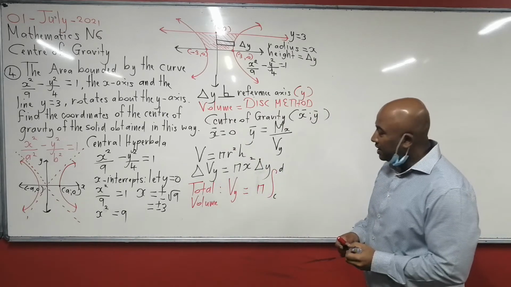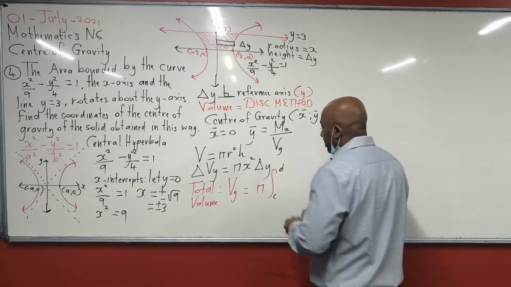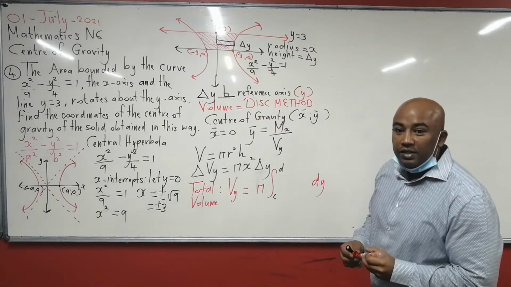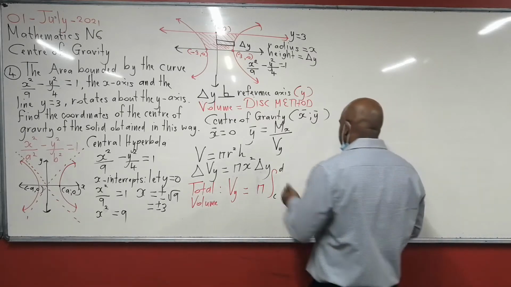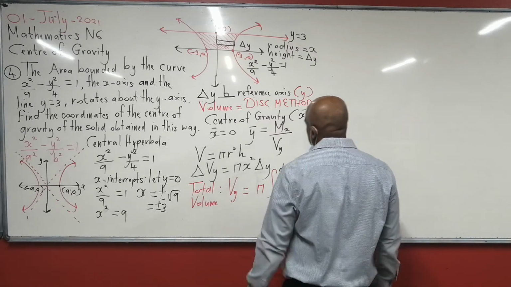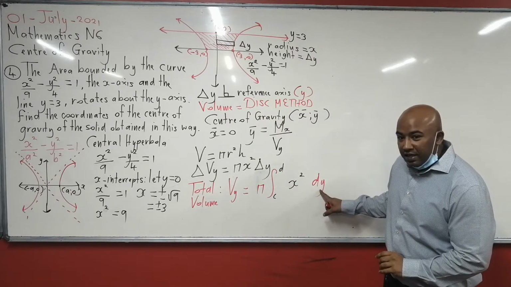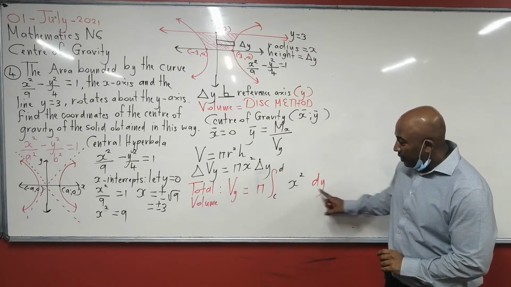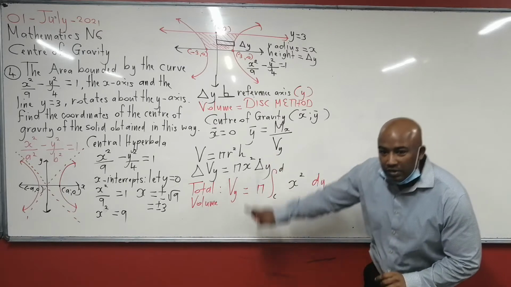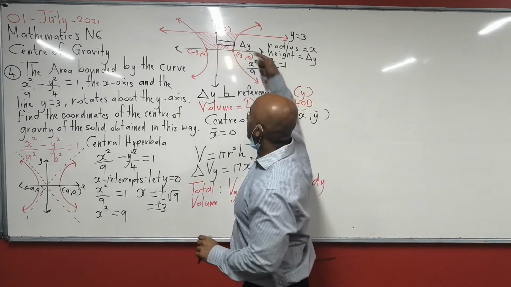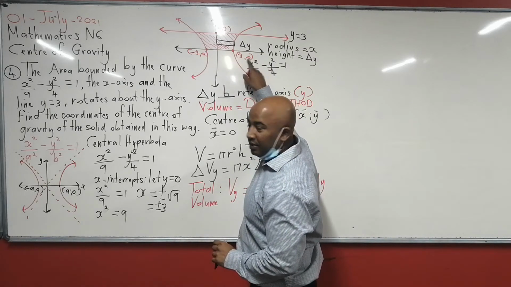As soon as you put your integration sign in, delta y becomes dy. We are integrating with respect to y, and we have x squared. So what do we need now? If we are integrating with respect to y, we need the y value at the beginning, the lowest point, and the y value at the end. The y value at the beginning is 0.